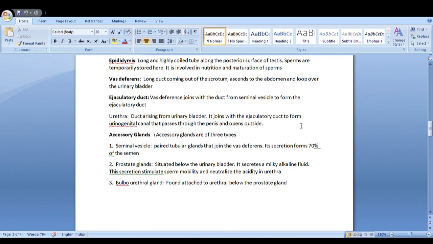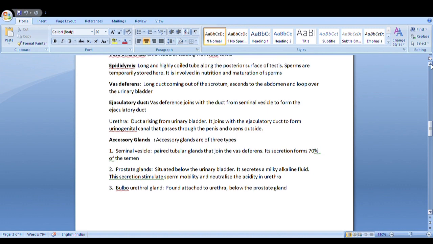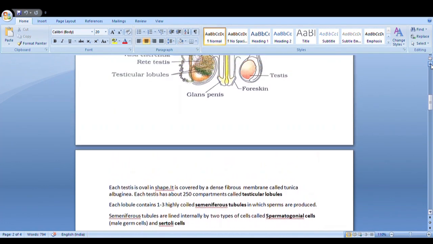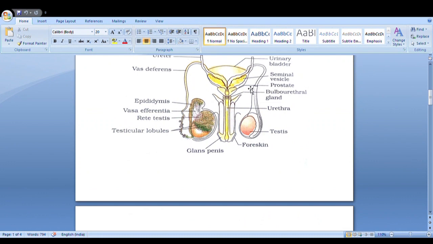You can again go back to see the glands. See, these are the seminal vesicles, paired gland. Its duct joined with the vas deferens. Then here this is the prostate gland. Below that bulbourethral gland can be seen.